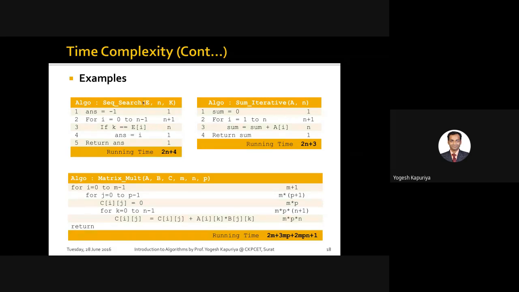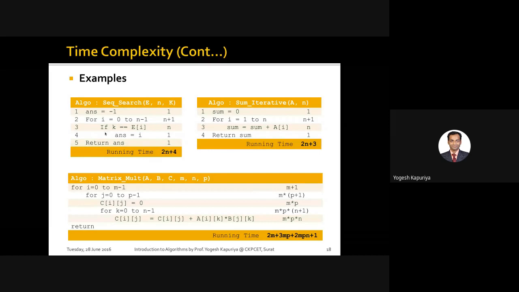So here I'm assuming that your array index starts with 0. When I say answer is equal to -1, it indicates that my key is not present at any point inside the array, because my array index starts with 0 and goes till n-1. There is no position like -1. So initially I assume that answer is equal to -1, that means the element is not present.